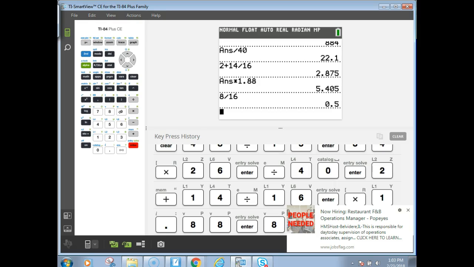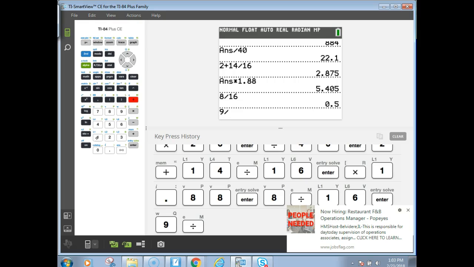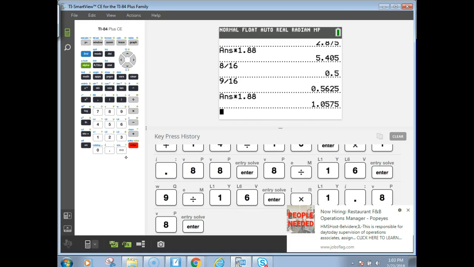And if you do 9/16, then you'd have to write a little bit more. It would be 0.5625. Multiply that dimension by the 1.88, like we did in the last problem. And if you use 9/16, you're going to get 1.0575. If you use the other, you're going to get 1.88 times 0.5, which is probably what most of you did anyway.